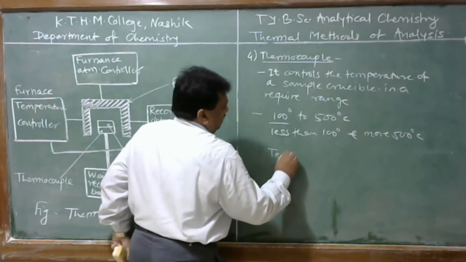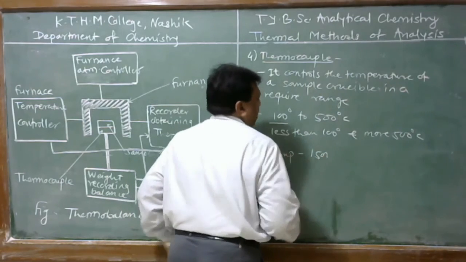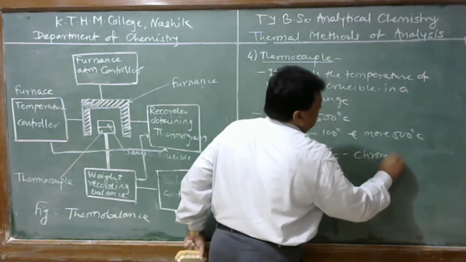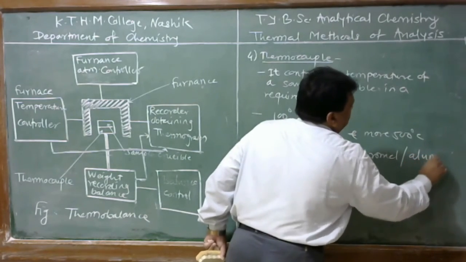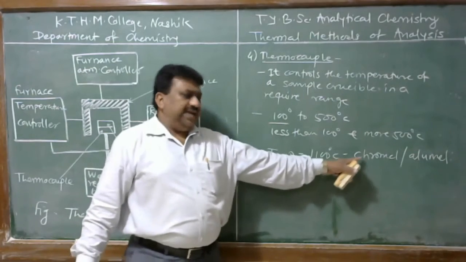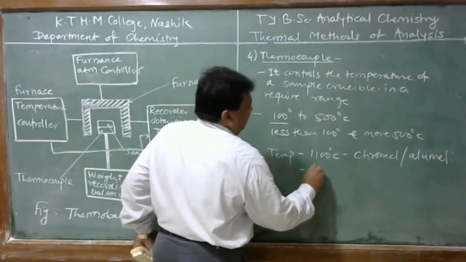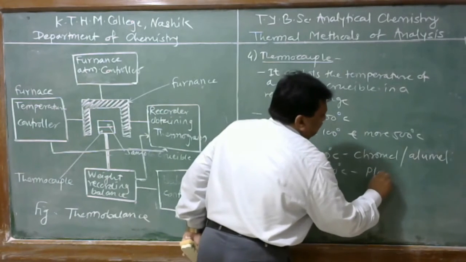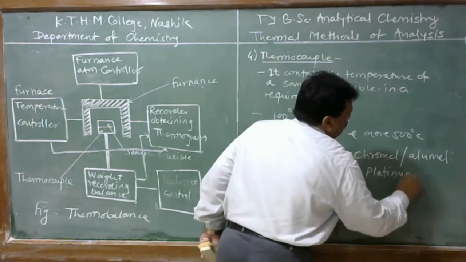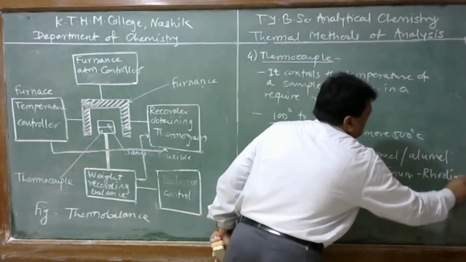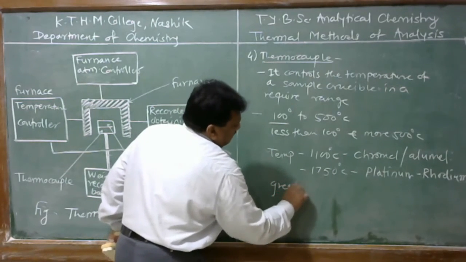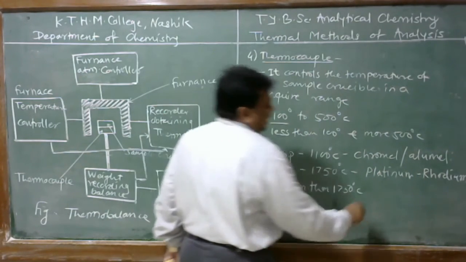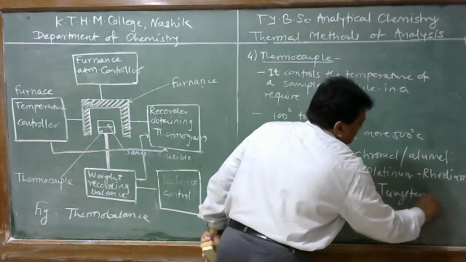When temperature is up to 1100 degree centigrade, the thermocouple is made up of chromel or alumel, an alloy of two metals. If the temperature required is up to 1700 degree centigrade, then a platinum-rhodium thermocouple is used, and for temperature greater than this, a tungsten thermocouple is used.